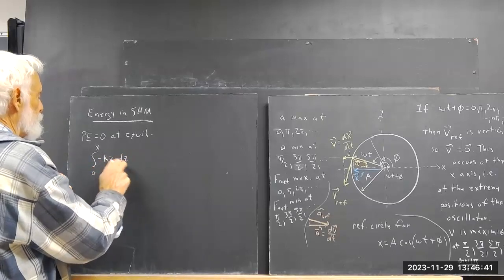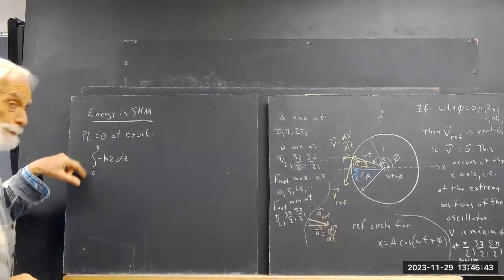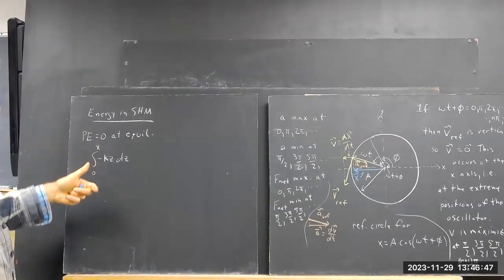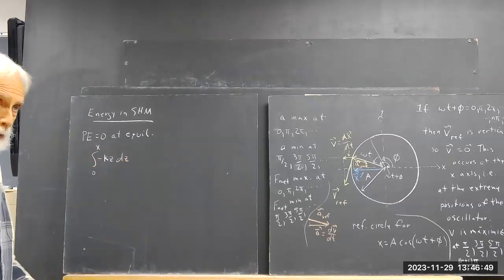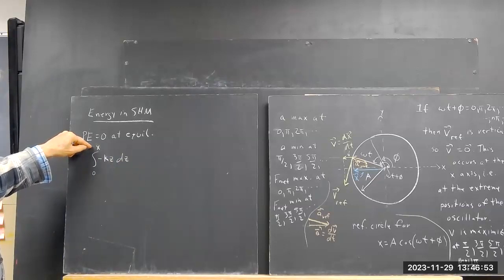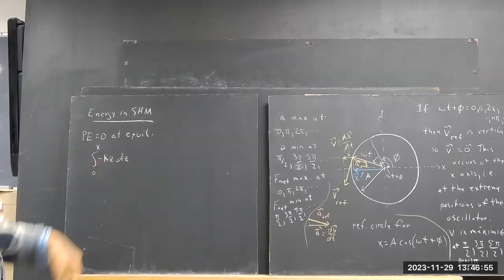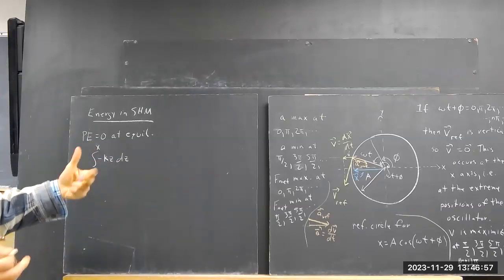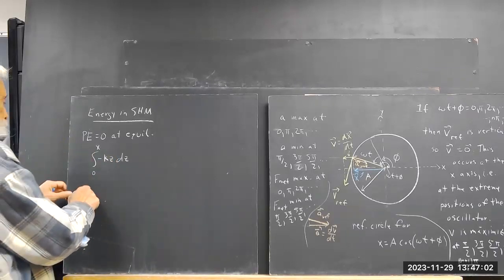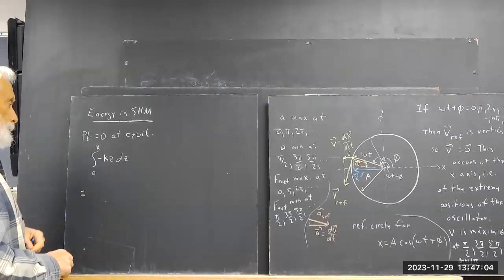My dummy variable is zero because I want X to be my variable, okay? So we can integrate negative KX with respect to X, but I don't want my variable of integration to match my limit variable, so I have to use something besides that. I could use a Greek psi.